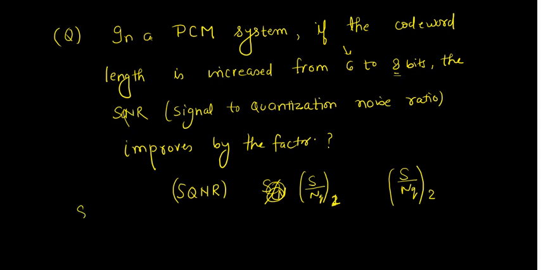Then what is the factor by which our SNR improves? So the question asks this K. We want to find out the value of K.